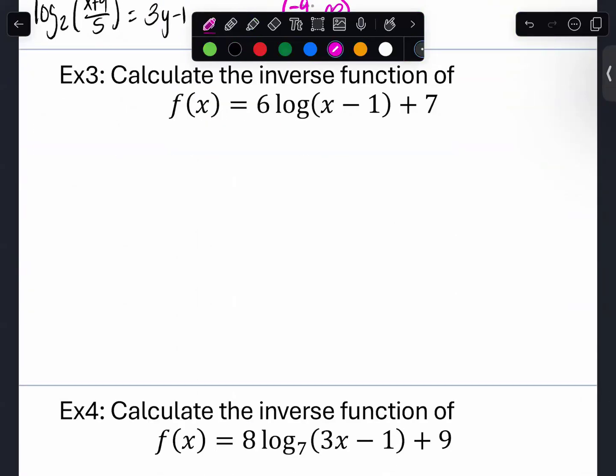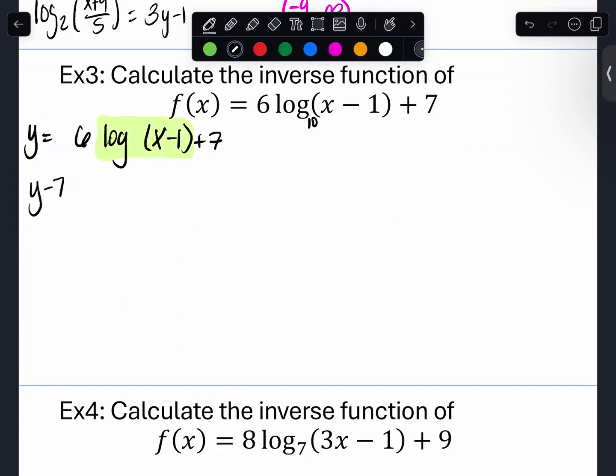Next, we're going to calculate the inverse of this function. Notice this is a logarithmic function with a base of 10. Again, I'm going to start like normal, replace f of x with y. I'm going to first subtract the 7 and then divide away the 6 because my goal is to isolate the logarithm before I can get rid of it.